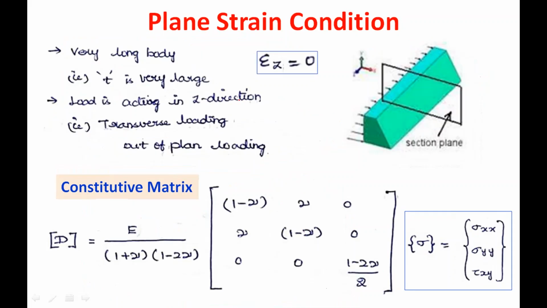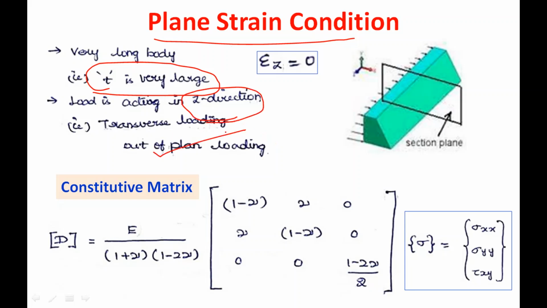We can evaluate sigma x, sigma y, and tau xy using this constitutive matrix that we discussed earlier. And similarly for plane strain condition, when to consider it for an engineering problem? If the body has a very large thickness and the load is acting along the thickness direction, that is the Z direction, this is called out of plane loading.